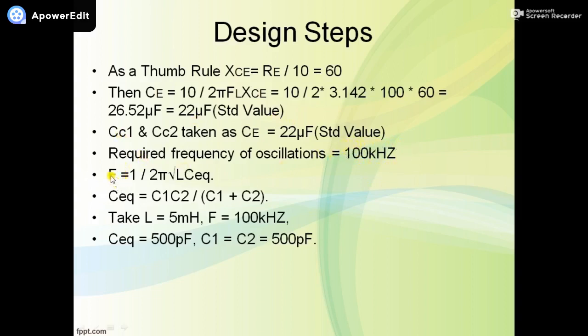We know the frequency equation of the Colpitts oscillator: 1 upon 2 pi root of L into C equivalent. The C equivalent equation is C1 C2 by C1 plus C2. Here consider L is equal to 5 millihenry and frequency is 100 kilohertz, and after calculation we are getting 500 picofarad for both C1 and C2.